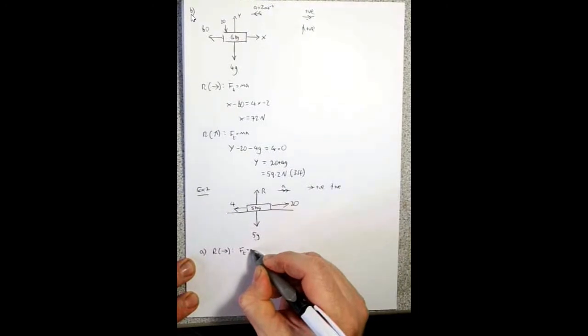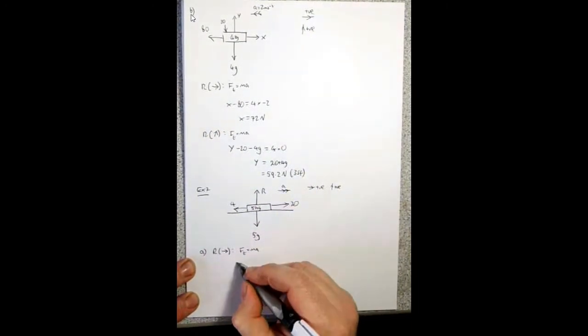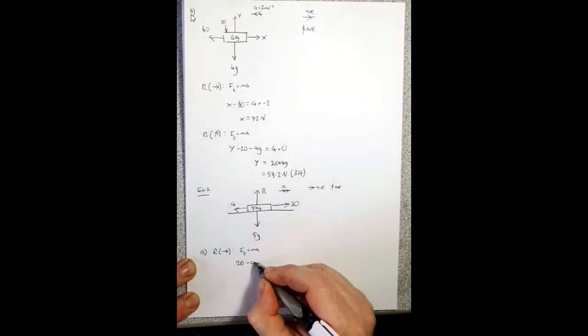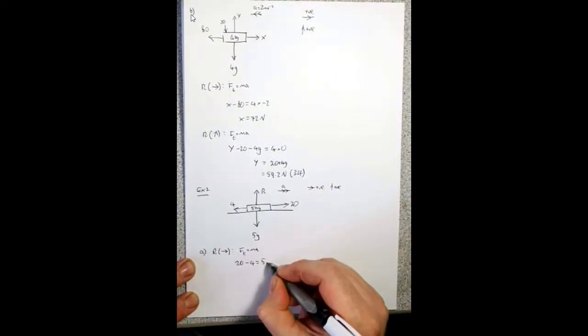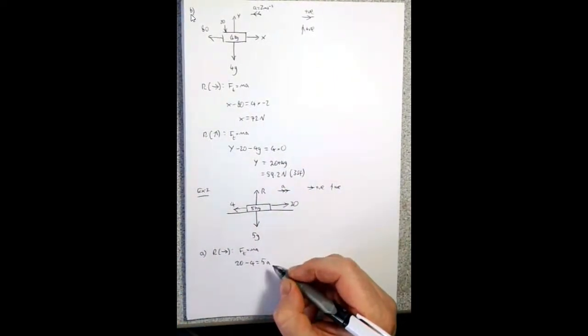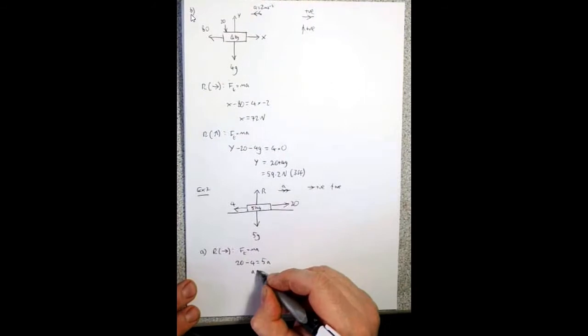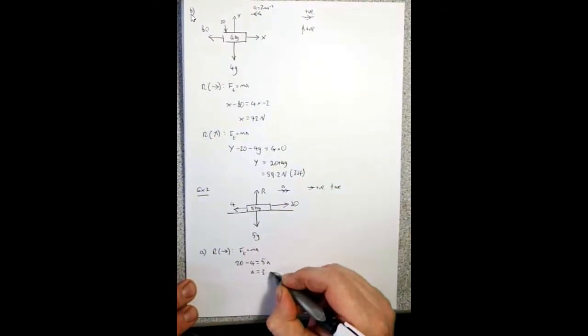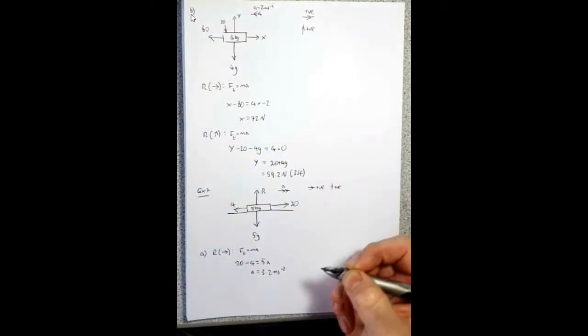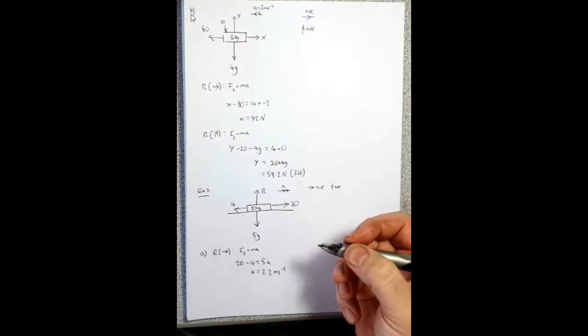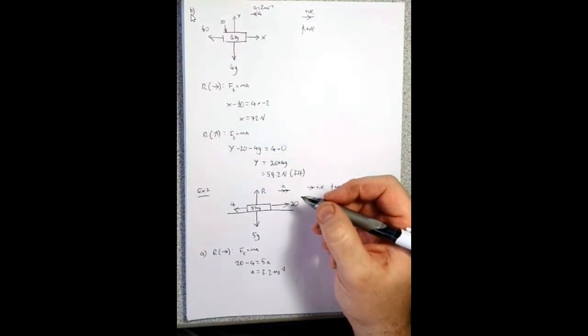So let's resolve horizontally. Again, a reminder of what that means. 20 minus 4 equals 5a. Nice, easy. So I've found out the acceleration.